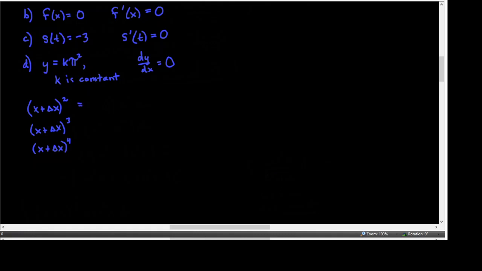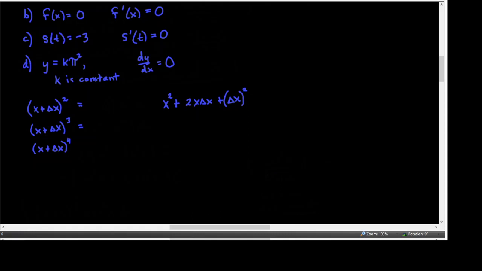So of course this will multiply out to be x squared plus 2x delta x plus delta x squared. If you've forgotten how to do that, you might write 2 of those and use the FOIL technique for multiplying those.